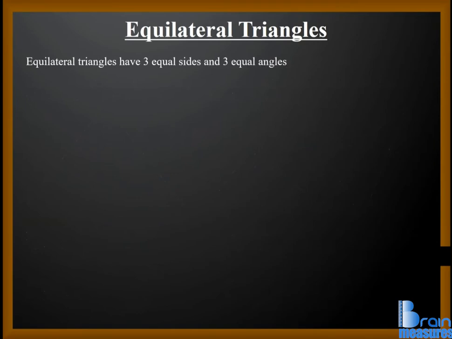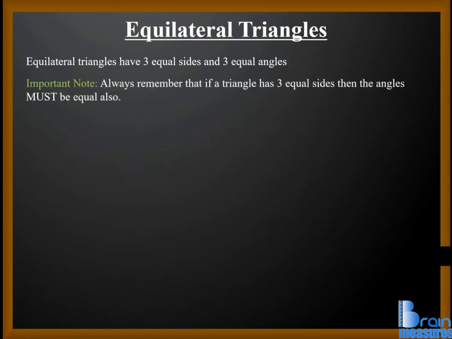Equilateral triangles have three equal sides. Now if it has three equal sides, the angles are also going to be equal, right? So this is the main property of the equilateral triangle. So you always need to remember, if it has equal sides, the angles must be equal.